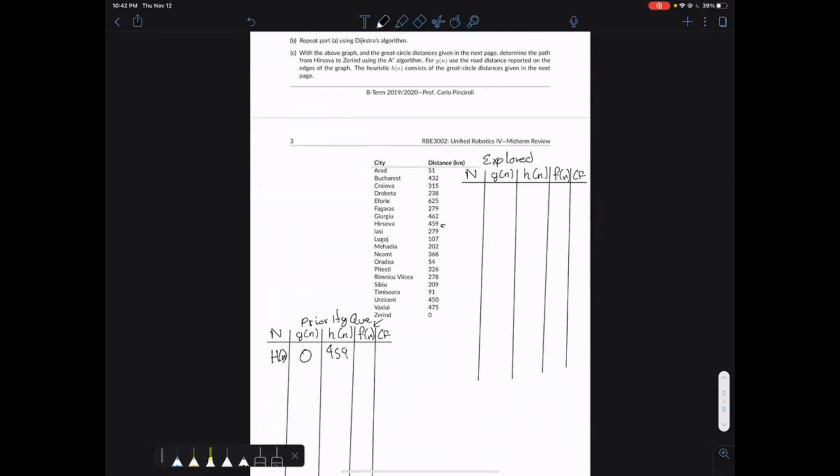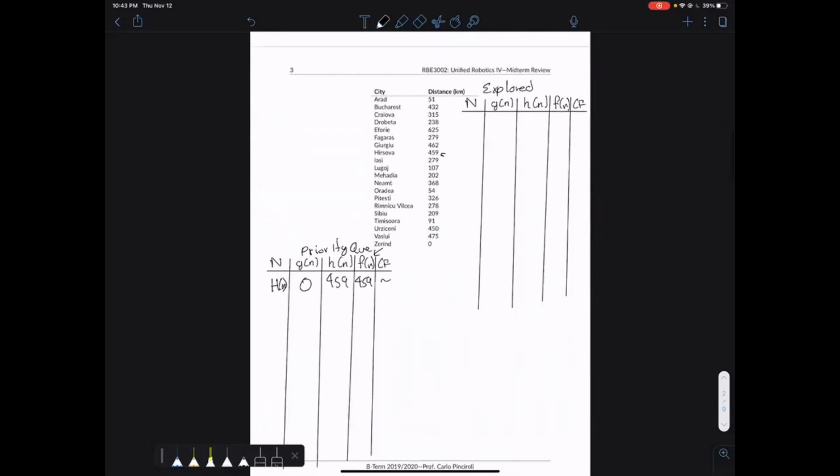Our F of n is going to be H of n plus G of n, which is 459, and our came from is going to be null. Cool. We can pop that and put that into our explored list. We're going to have G of n of 0, H of n of 459, F of n of 459, and our came from, which is going to be nothing. Okay, so we're going to erase this out of our list.